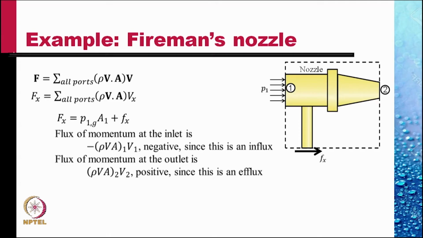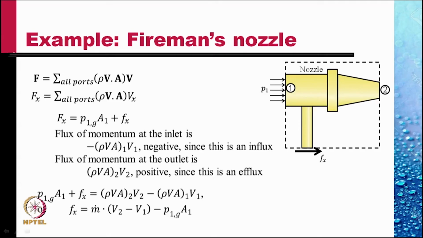The other efflux is at the outlet. The efflux of momentum at the outlet is rho V A at 2 times V2. And this is positive since the mass is coming out, so it is positive, and the velocity is in the positive direction.